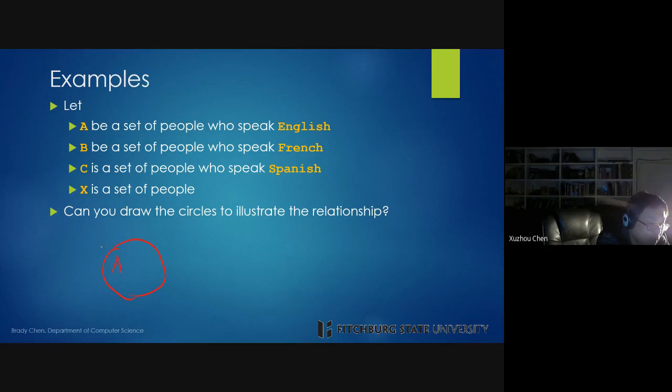B is a set of people who speak French. There could be some overlap, right? No question about it. And C is a set of people who speak Spanish. And X is a set of people.